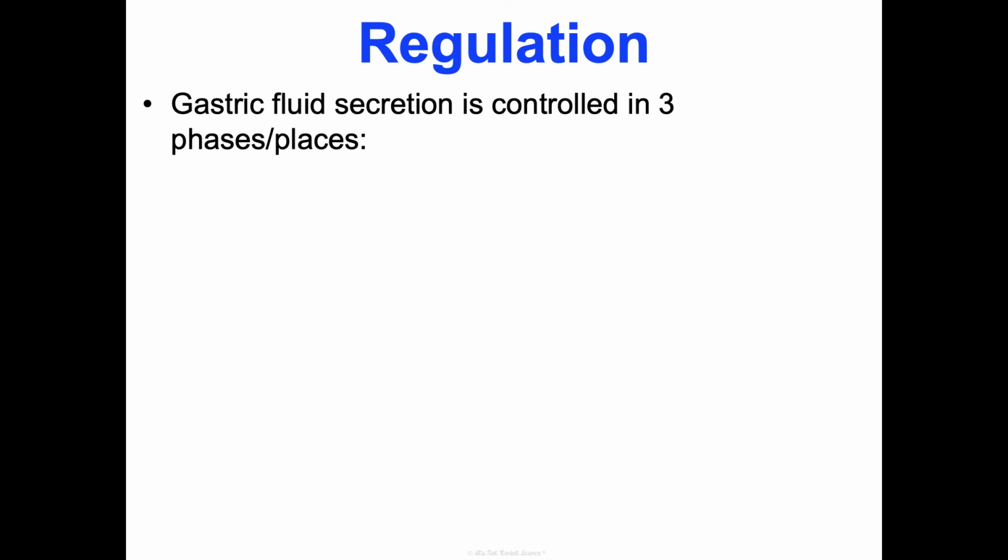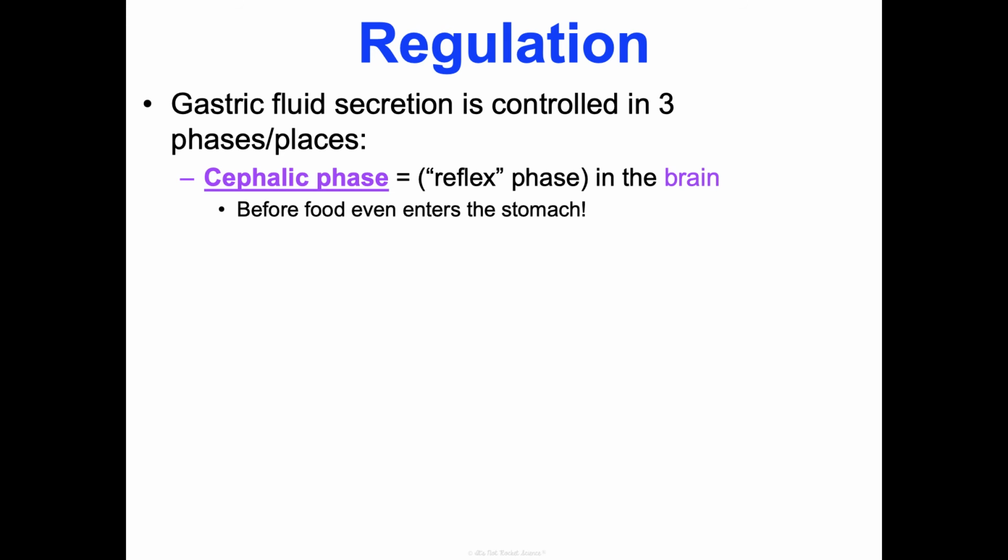All right, last, gastric fluid secretion specifically. The fluid that's getting secreted into your stomach is controlled in 3 phases, or places. So I want to mention this under regulation before moving on. First there's the cephalic phase, which is our reflex phase that's occurring in your brain.